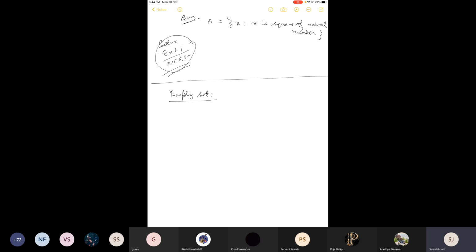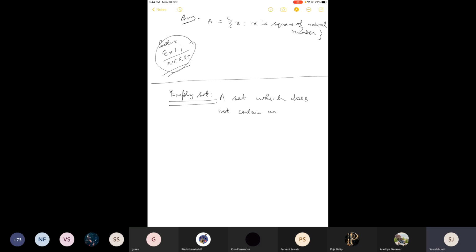Now we will study some simple definitions of sets. I will just tell you what these are. First is the empty set. The name itself tells you the meaning. A set which does not contain any element.